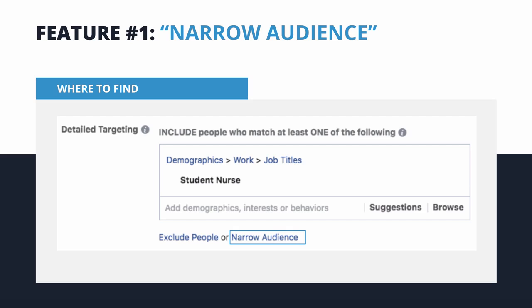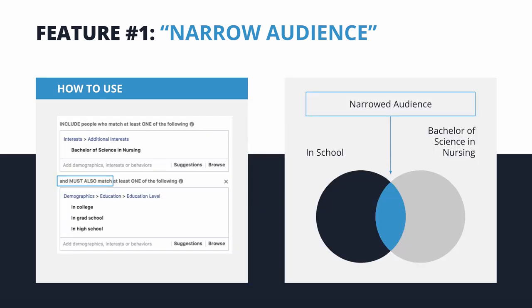A narrow audience is when two or more things have to match up together. And then the exclusion technique is when the things kind of contradict themselves. They are interested in nursing, however, we exclude people that are already nursing. So let's talk about the narrow.